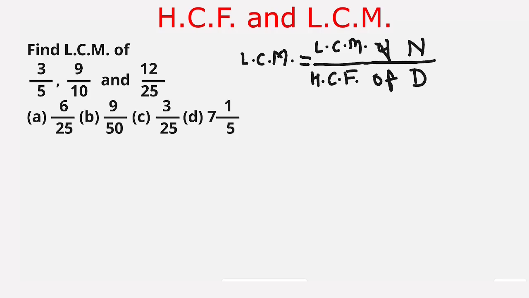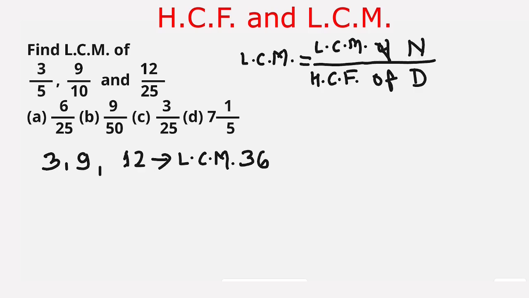So from here we have to find the LCM of numerator, which is 3, 9 and 12, and their LCM is 36. If we take common 3, then we get 1 in place of 3. 3 times 3 is 9 and 3 times 4 is 12. So it will be 3 multiplied by 4, and that is equal to 36.